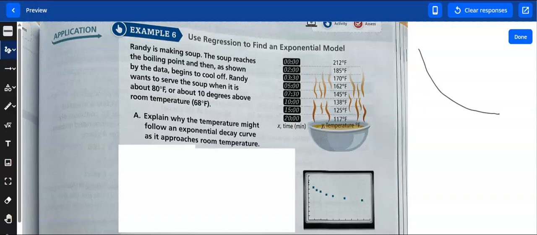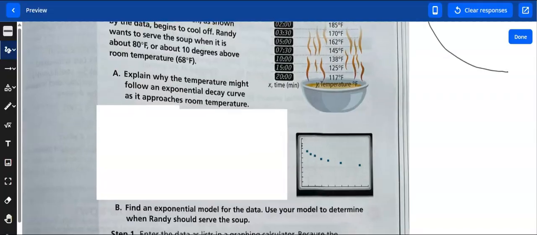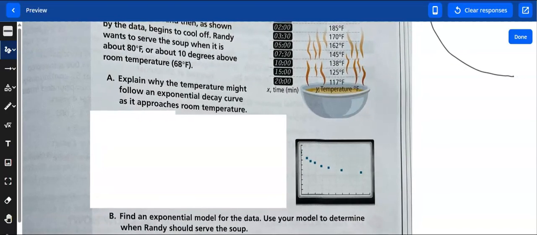Okay, so it will be going down, getting closer and closer to room temperature, but obviously not at the same rate all the time. This is an exponential decay function. So, what kind of coordinates? Explain why the temperature might... We already did that. Find an exponential model. That's part B here. Use your model to determine when Randy should serve the soup.